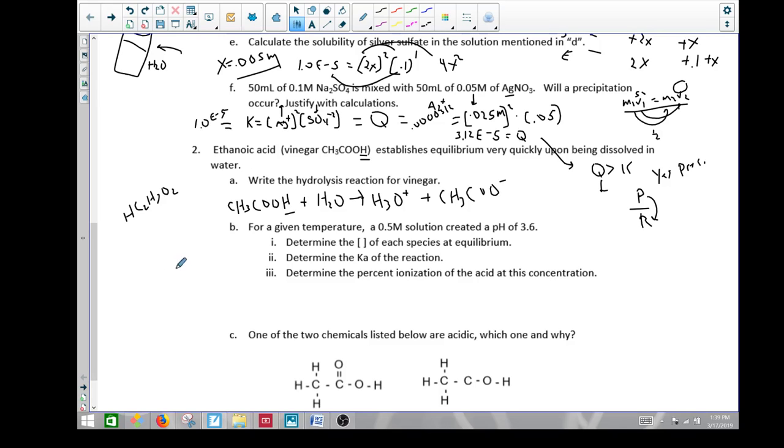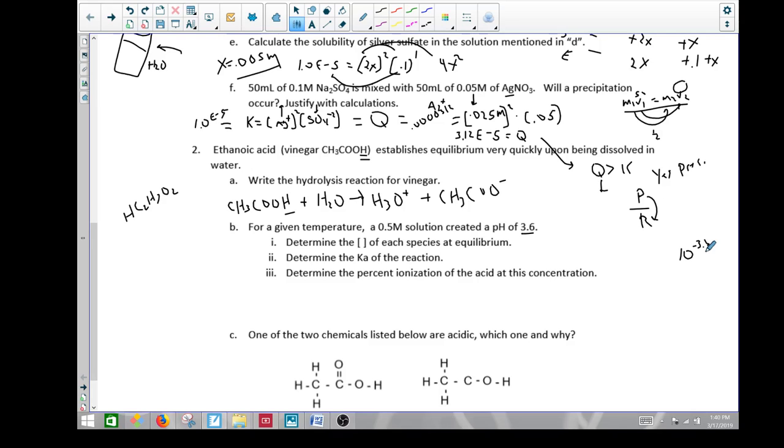Okay, so each species. First things first, this represents the H plus ions. Let's do that one here. 10 to the negative 3.6 will give us the concentration of the H plus ions.